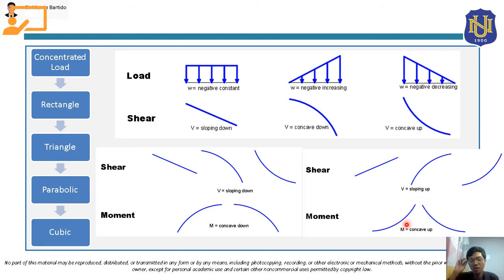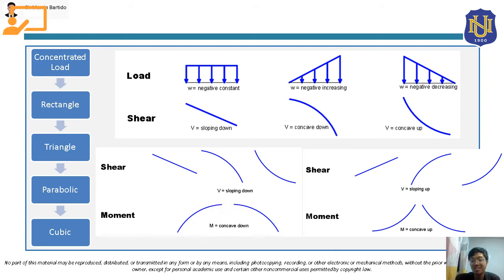So, class, it will be easier to remember this. For example, for this shear, since the shear is sloping down, it will be a sad moment, right? So the concavity of this moment should be downward, like a sad smiley.